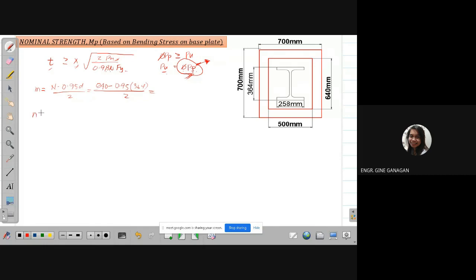And yung N natin is equal to B minus 0.80 B over 2. That is equal to 500 minus 0.8, yung B, 258, over 2. So, ano yung value ng M natin? 147.1, ma'am. So 147.1 mm. And yung N natin?